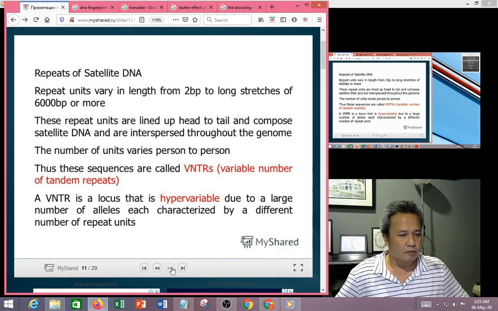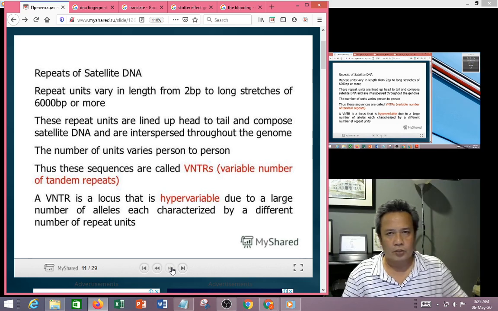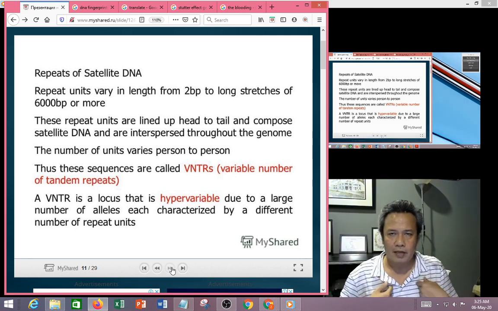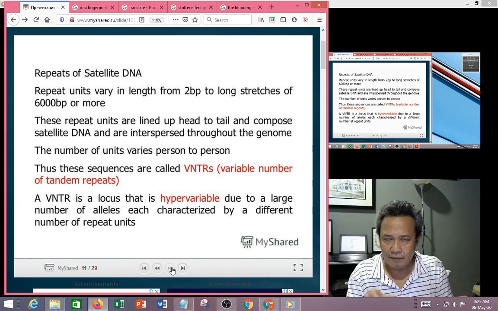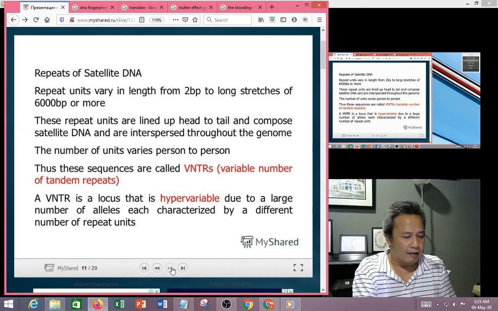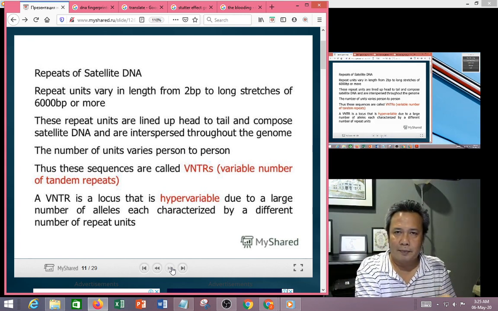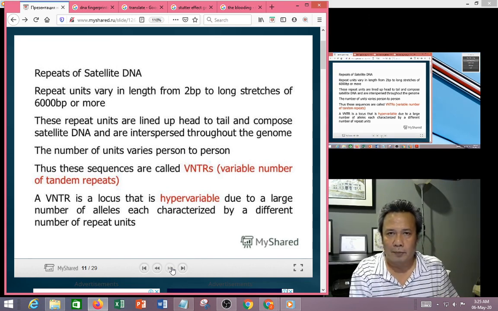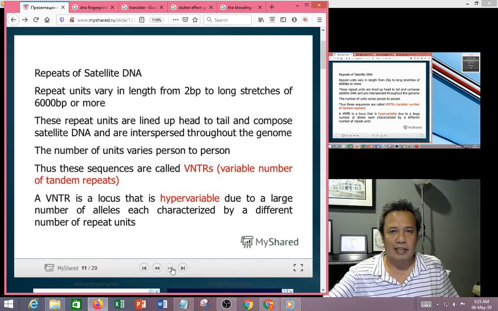So the variation between you and me is of the length, right? And because these are repeated side by side, they are called tandem repeats. Let's say for a particular locus, I may have 4 repeats, you may have 6, another person may have 8, another person may have 2, or 7.